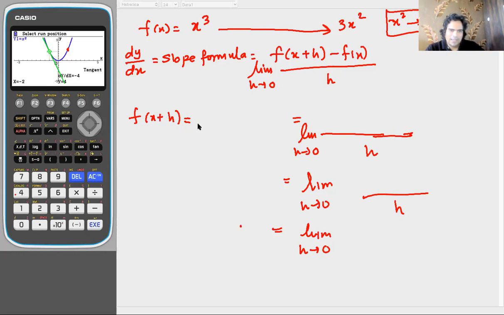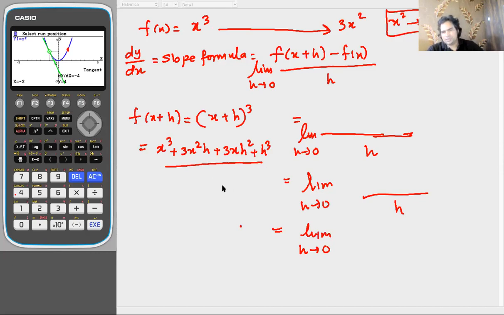So obviously f of x plus h is going to become x plus h the whole cube. And if you open it using Pascal's triangle, it'll be x cubed plus 3x squared h plus 3xh squared plus h cubed. So this is the formula for f of x plus h.